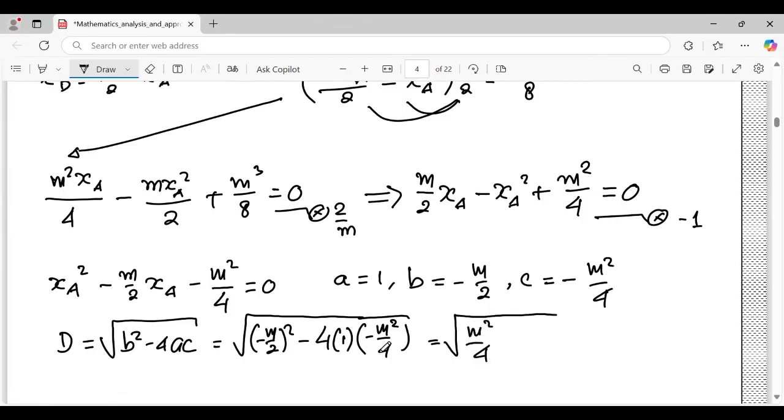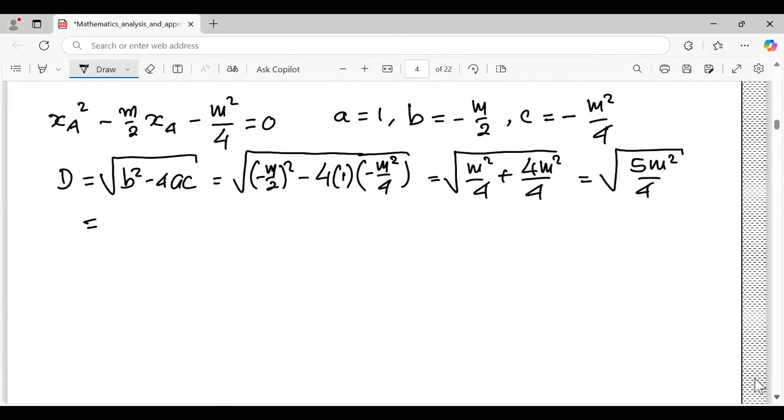M squared over 4, and this becomes plus 4m squared over 4, or the root of 5m squared over 4. Okay, and it becomes square root 5 half m, or m half square root 5.